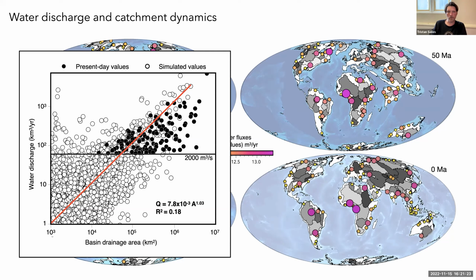Here you have in black the present day values, and the white circles represent the simulated data, at the end of the simulation after 100 million years. What you see is that most of our catchments have pretty much the same size and the same kind of water discharge as the present day values.